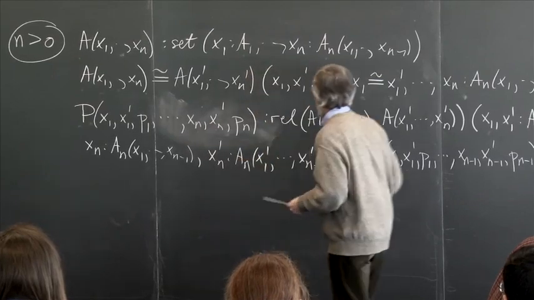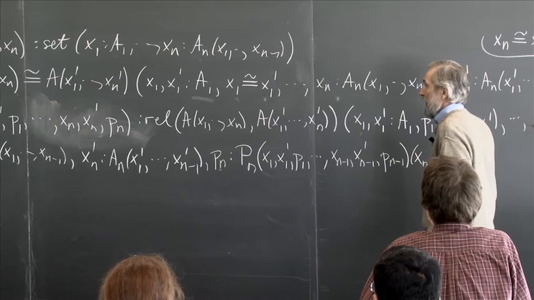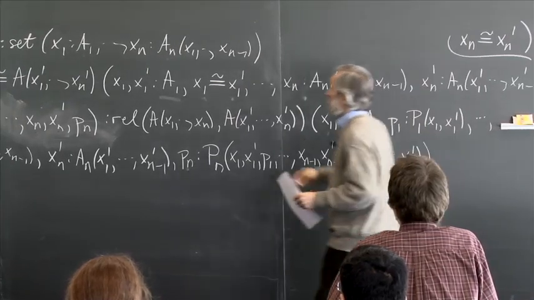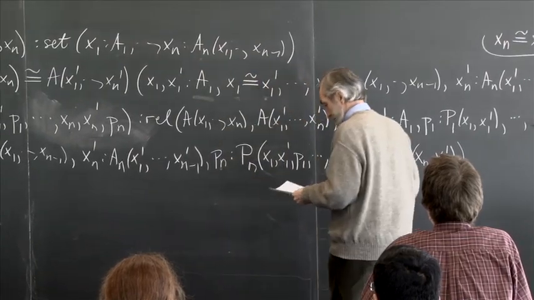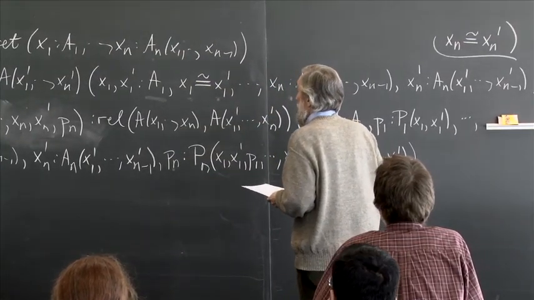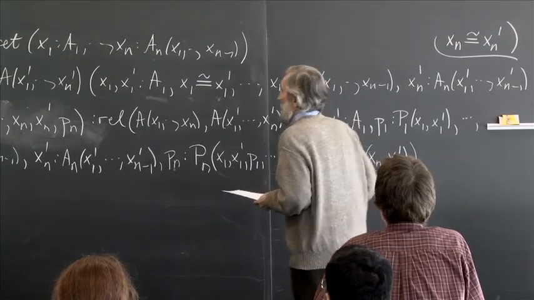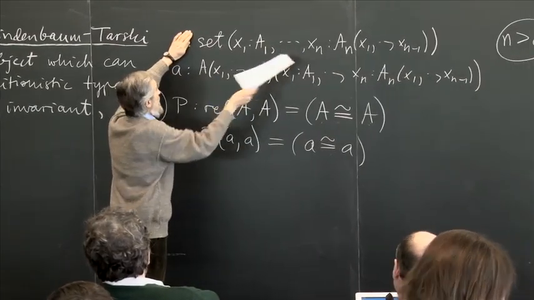So the context that you have beginning there and ending there is now length 3n rather than this context, which is of length n. So that's the definition of what relation invariance means for this category.